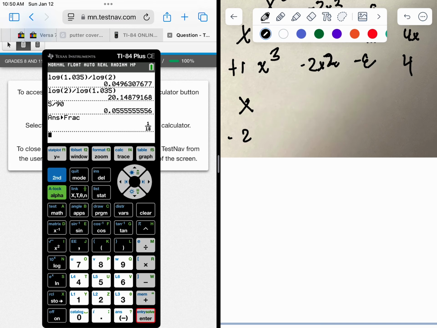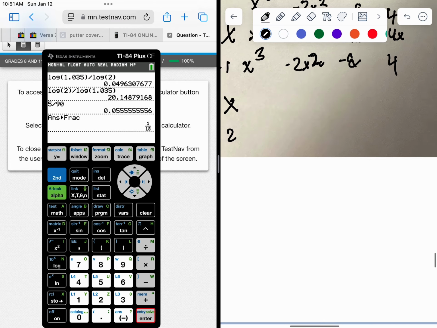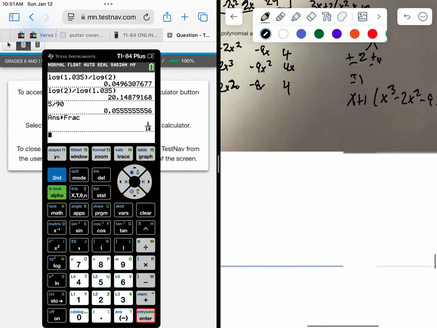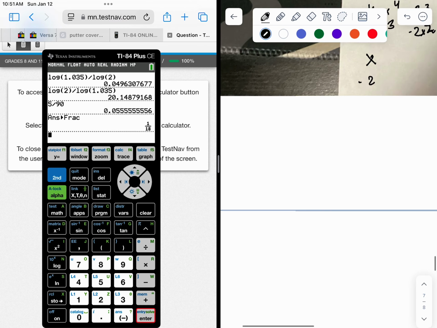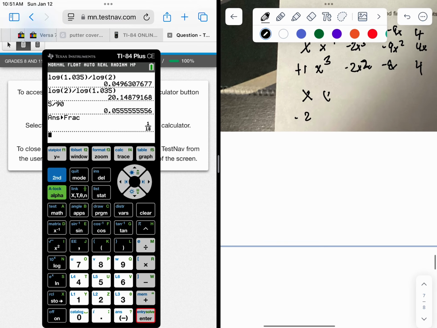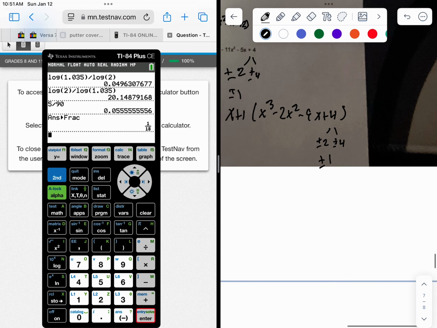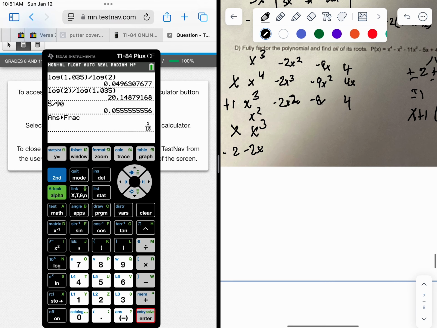So we'll do x minus 2. X third. X squared minus 2x. Zero x squared. 0.